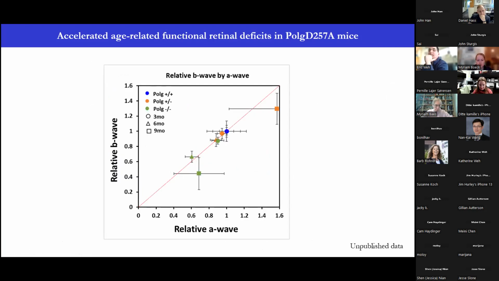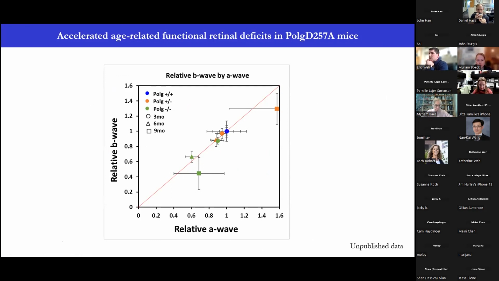So we recently submitted this paper, and we got the revisions back just maybe a few weeks ago now. One of the reviewers pointed out that we should probably look at the relative B wave by A wave and see if the reduction in the B wave, the bipolar cell response, is just because of a reduction in the A wave.